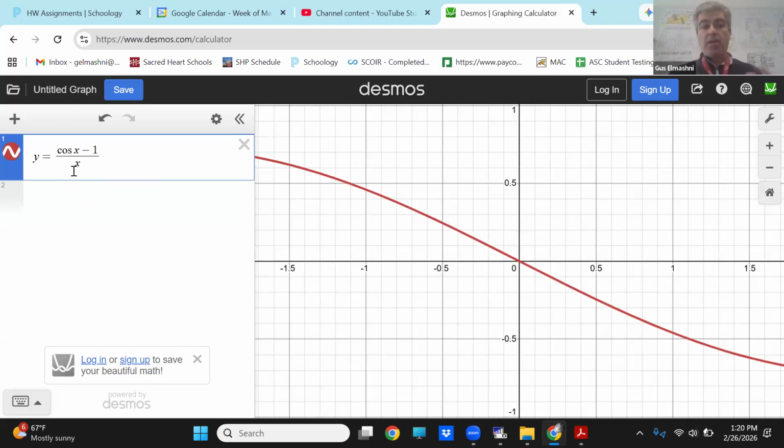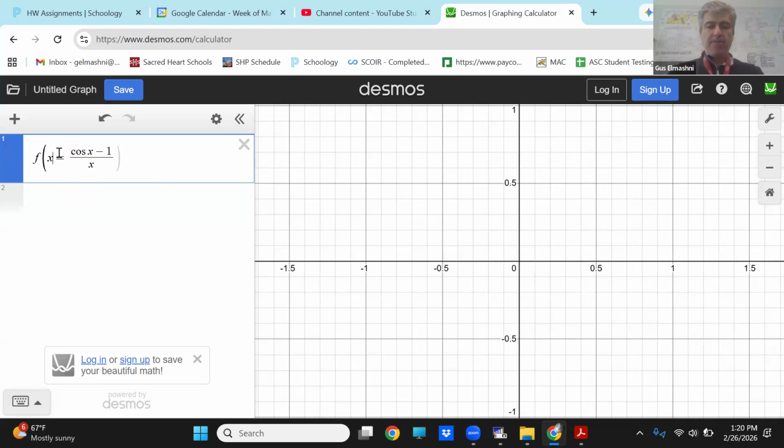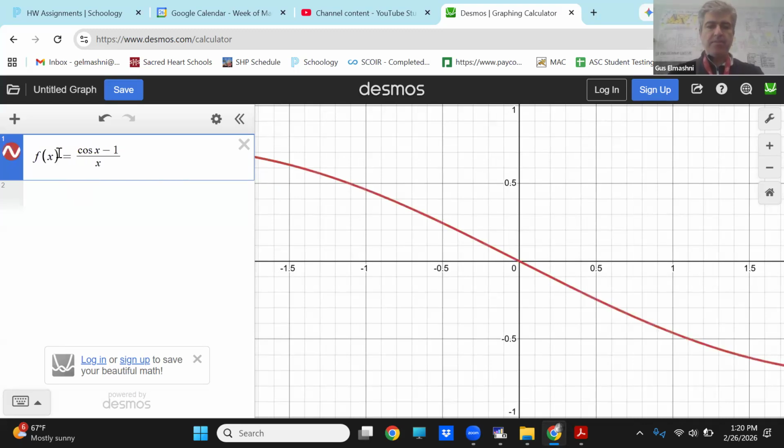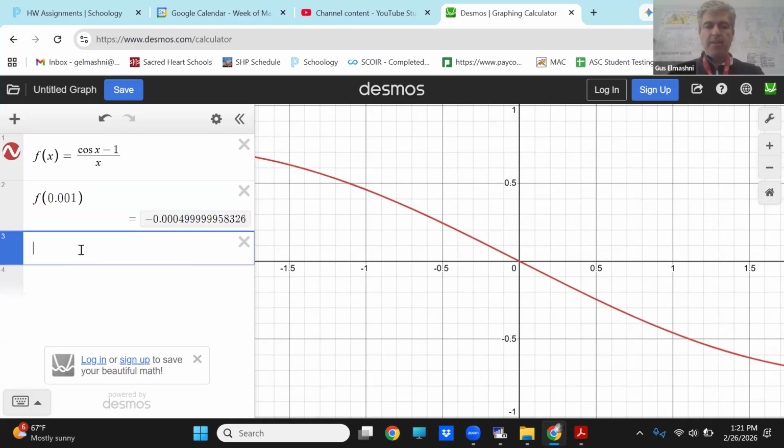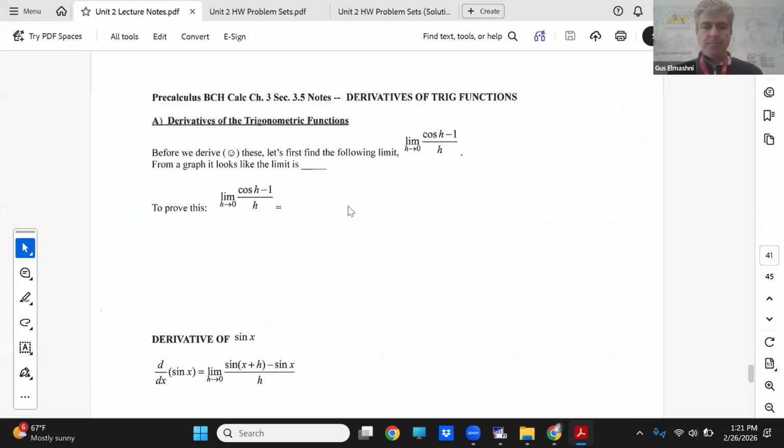Or if I plug in a value close, like f of 0.001, yeah, it's pretty close to 0, right? Or f of negative 0.001. Yeah, pretty close to 0, right? So that's what it looks like.